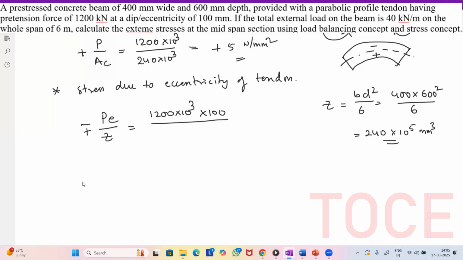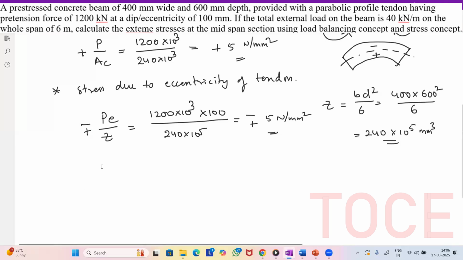Let us substitute this value. If you calculate this, we'll get the value around minus or plus 5 Newton per mm square.